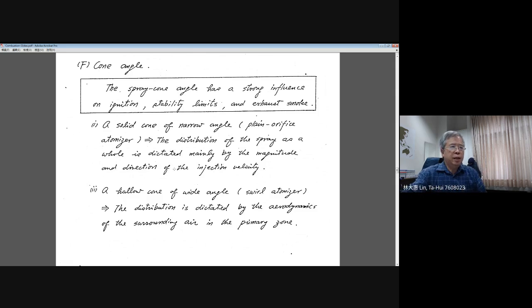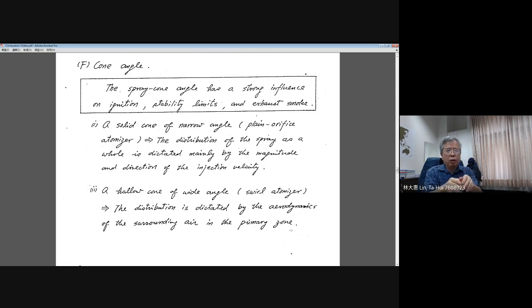Then this distribution is dictated by the aerodynamics of the surrounding air in the primary zone. That means they will have strong interaction with the outer air. Okay, this is two different types. For the solid cone, usually they have a small cone angle, but they can impinge to a further distance.